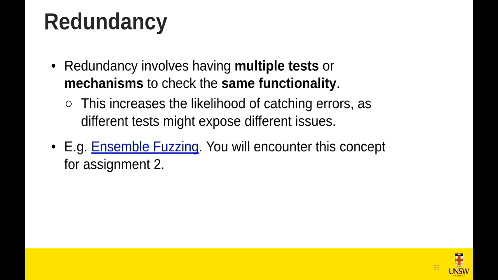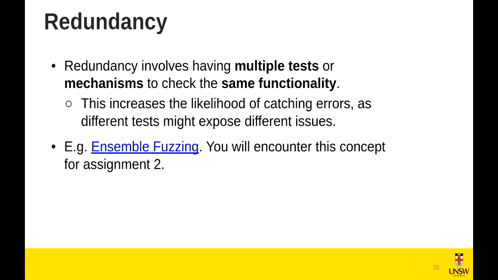It is just to have some alternative ways of testing the same software. And one of the examples is called ensemble fuzzing, and you will encounter this concept in assignment 2 as well. This ensemble fuzzing has a link. If you have a laptop with you, you can click through the link and check out the related resources.